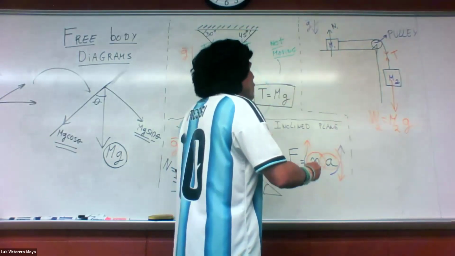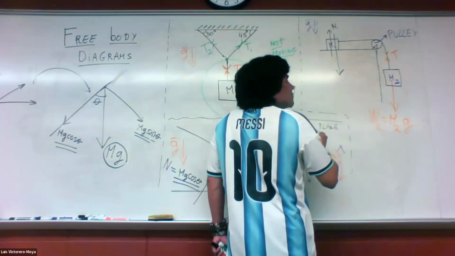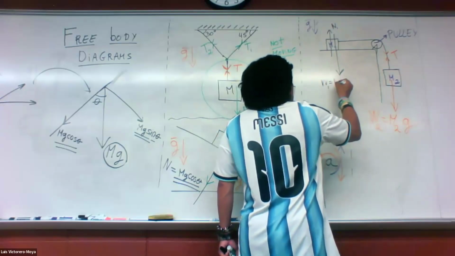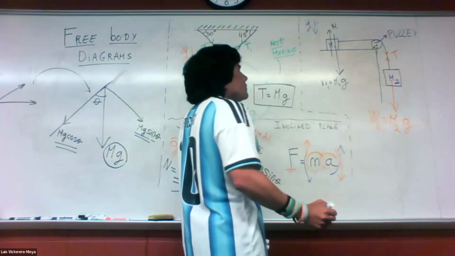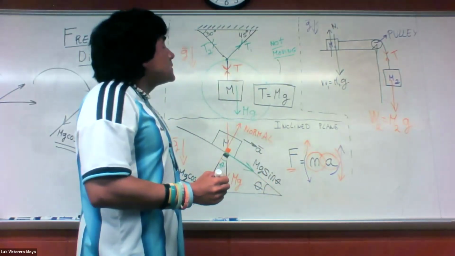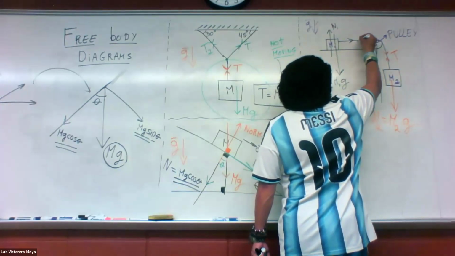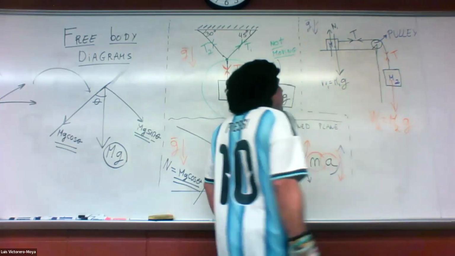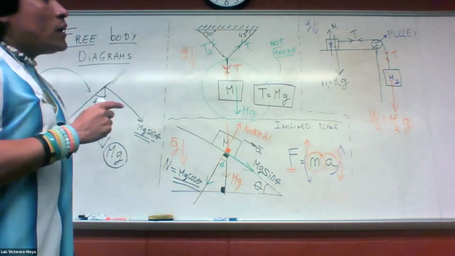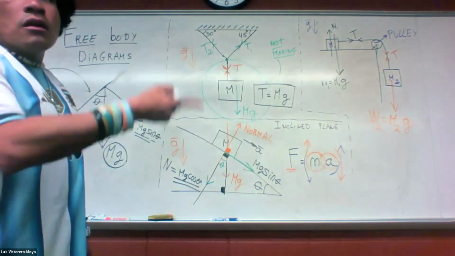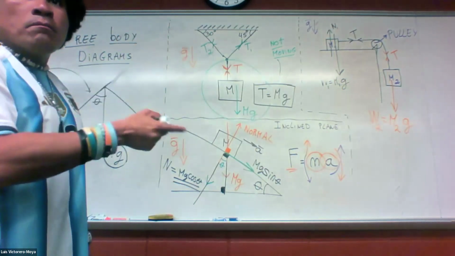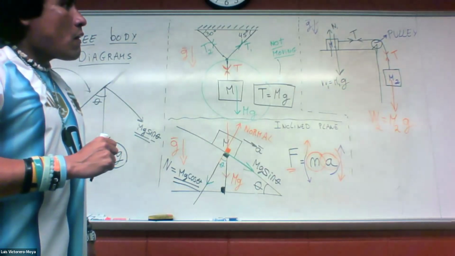What's the action? And what's the other force acting? What's making M1 move to the right? M2 is being pulled by gravity. The tension on the rope. Because the pulley is ideal, the tension is the same on both parts.